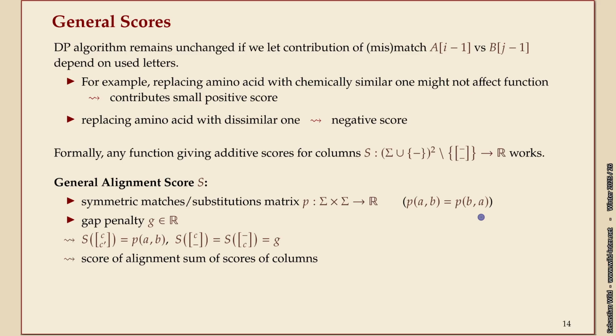I guess it's probably just a user interface confusion, if it makes a difference which order to put the strings in. From an evolutionary perspective, I could imagine it might make sense to say that one direction is more likely than the other. I think this is actually known in some cases. But here, for general alignment scores, the assumption is that it's symmetric.